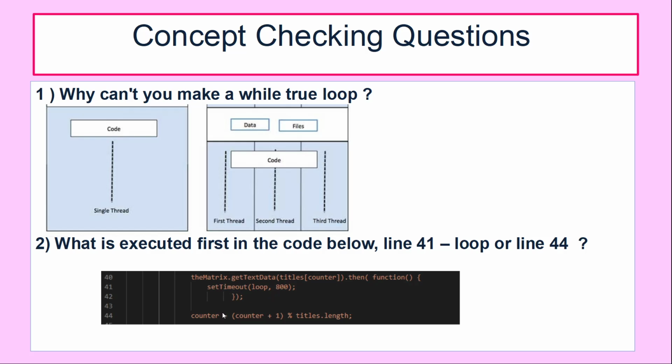And then once JavaScript has finished everything in this main code, it will reinsert this code back onto the processor and it will be executed. So actually line 44 is executed first, and then line 41 loop is executed.